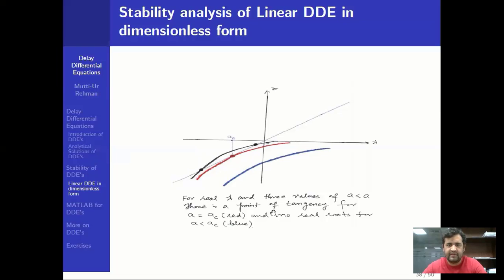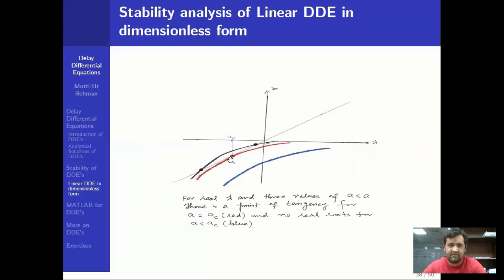And if lambda is real, on the other hand, if A is negative, then for the three values of A which are negative, for this curve I have no point of intersection. It's very clear. And for this black curve, I have two points of intersection, but this one is special.